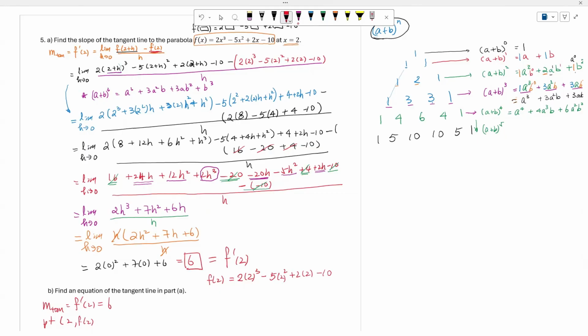So it will be 2 times 8 minus 5 times 4 plus 4 minus 10. Okay. So this will be 16 minus 20 plus 4 minus 10. So this cancels out. So the answer will be negative 10.